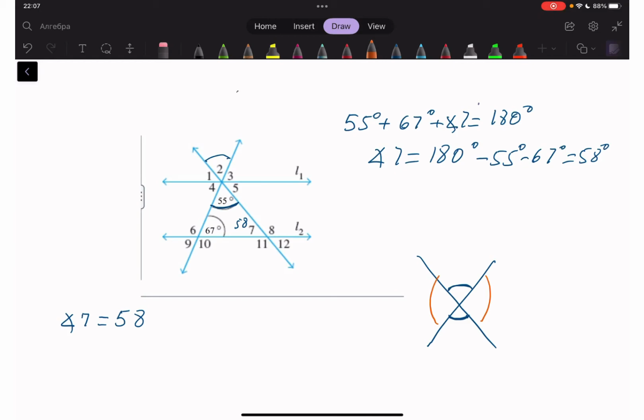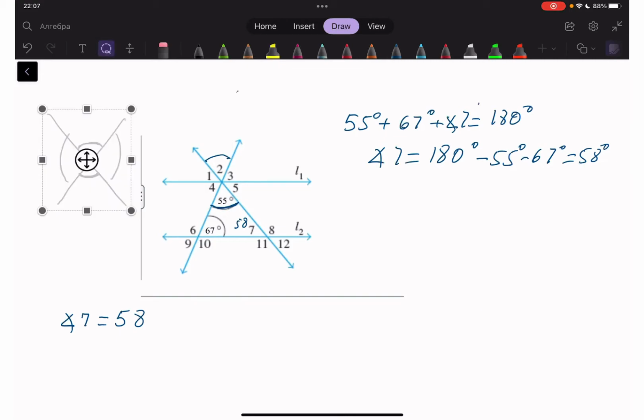Okay, let me move this picture here. Yeah, so that means angle 2 is equal to 55 degrees. Okay.